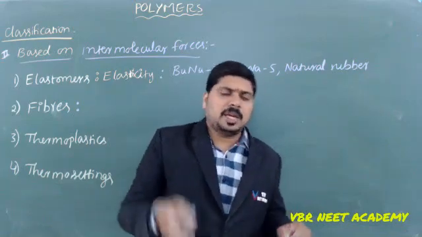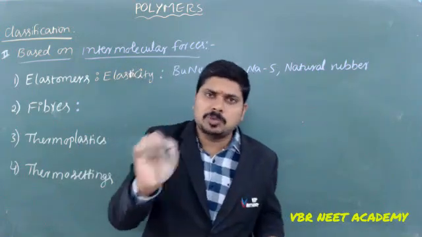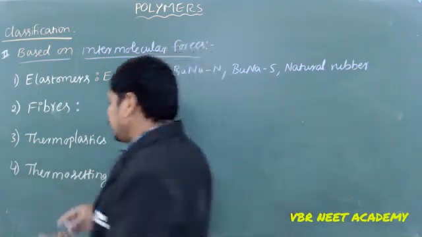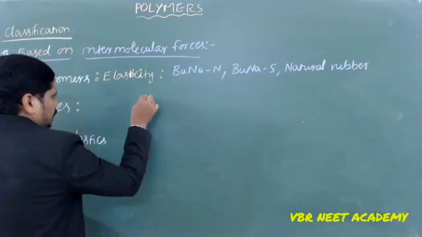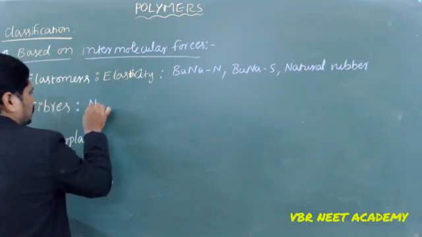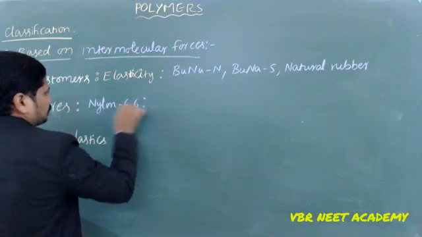In the same way, nylon 66 is also a polyamide that is going to have CONH. How do we get this? It is made up of, for example, nylon 66. How is it made?